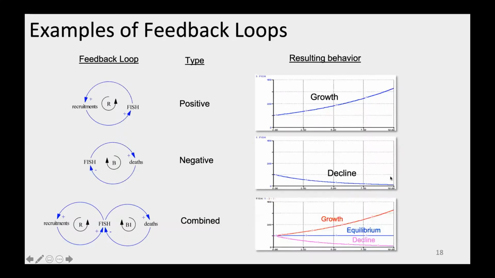It depends. If the positive feedback loop is greater than the negative feedback loop, we have growth. If they are equal, we have equilibrium, meaning death is equal to birth. If we have more death than recruitment or birth, then we have a resulting decline in the behavior. Does that answer your question about if there are other feedback loops, Tim?